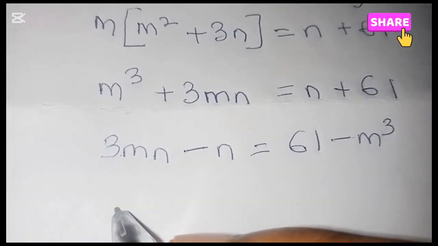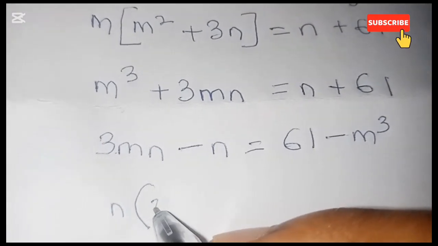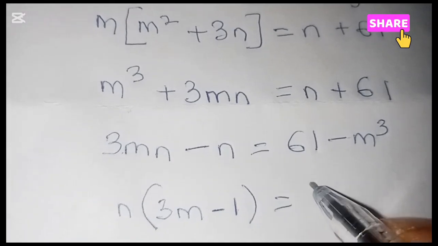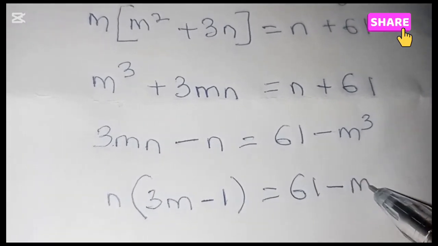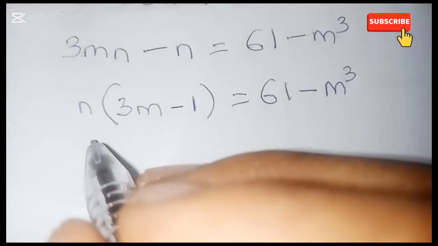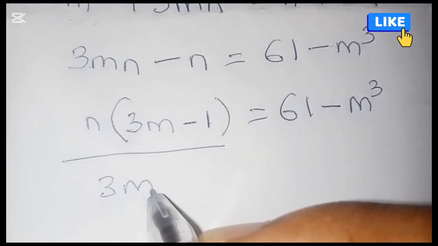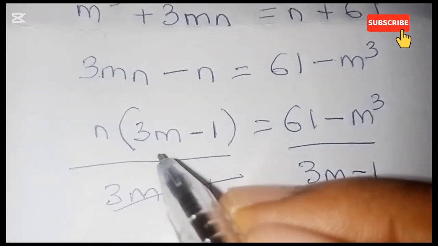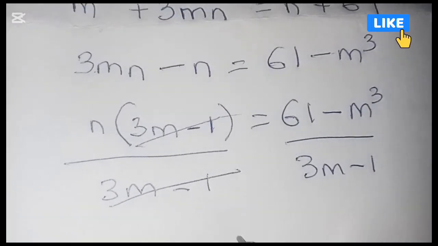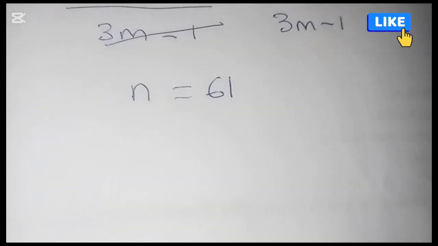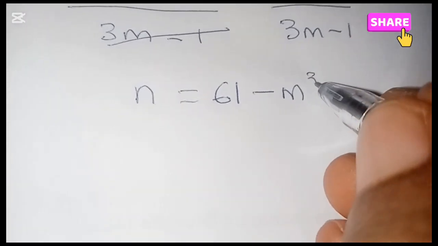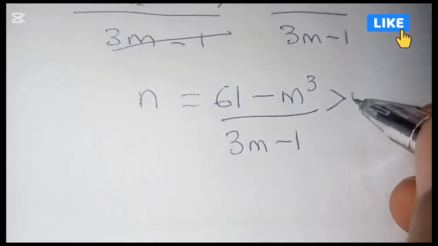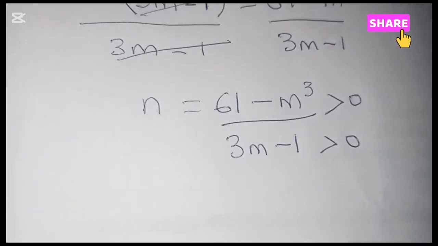And so when we factor out, we'll be left with n(3m minus 1) equal to 61 minus m cubed. We divide through by 3m minus 1, this cancels, and we have n equal to (61 minus m cubed) over (3m minus 1). This is greater than 0.